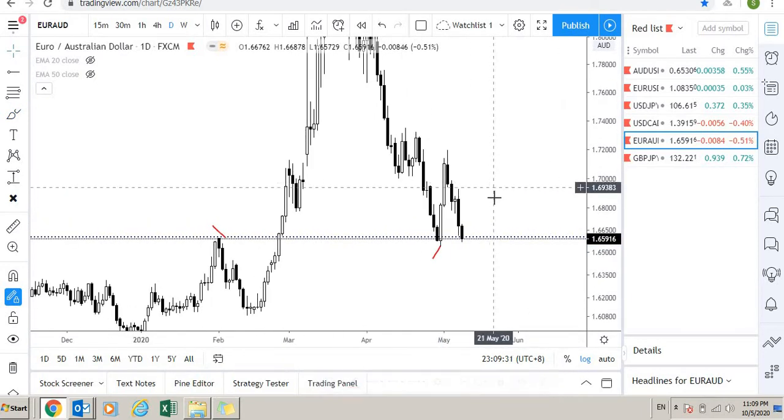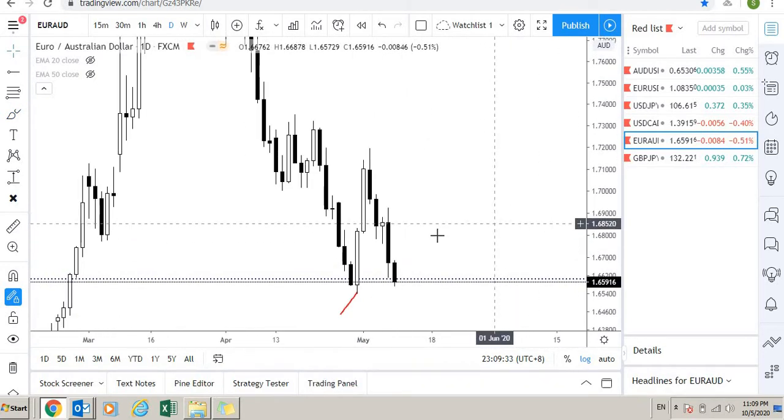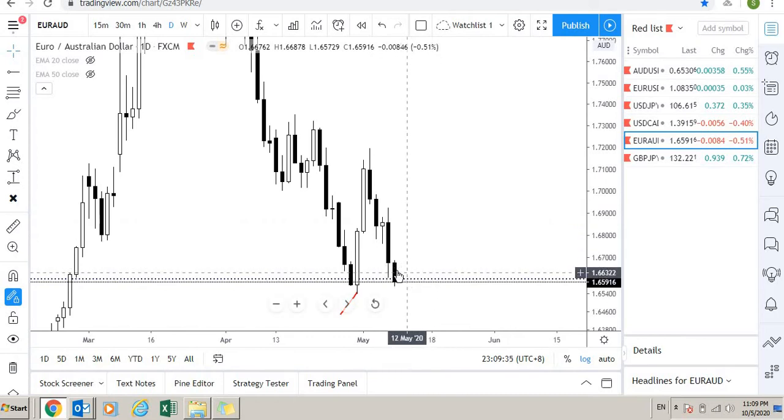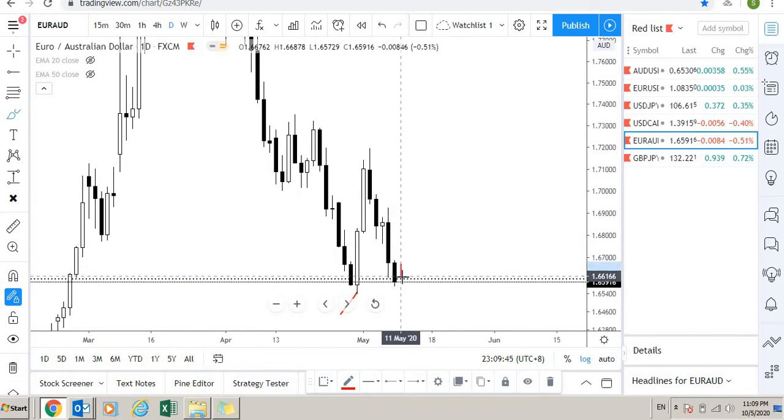So what we can do here is wait for an inside bar. The perfect setup will be an inside bar, and then we can wait for a bullish breakout. So we can wait for things to look like this.